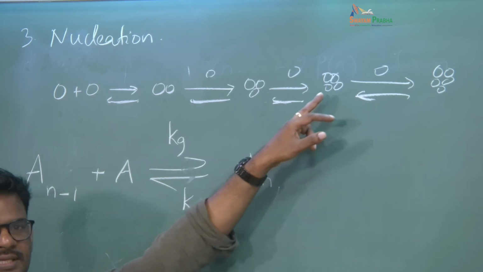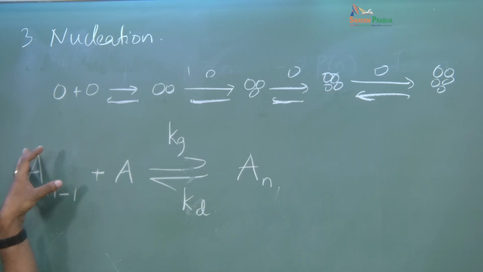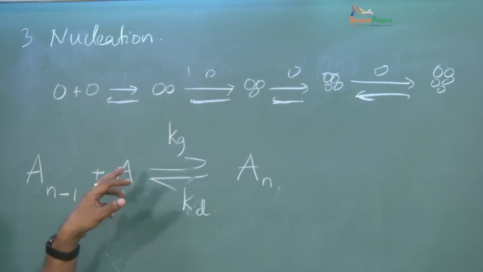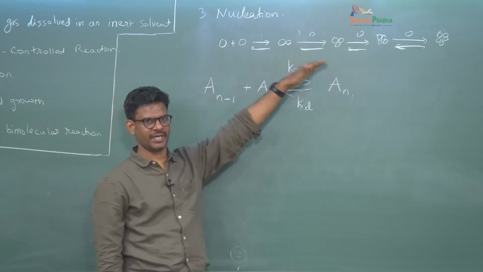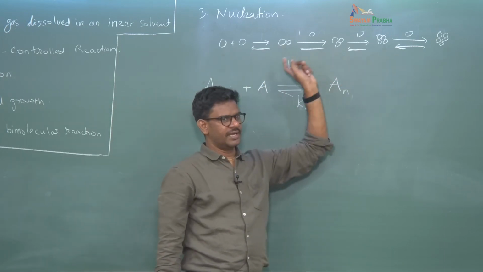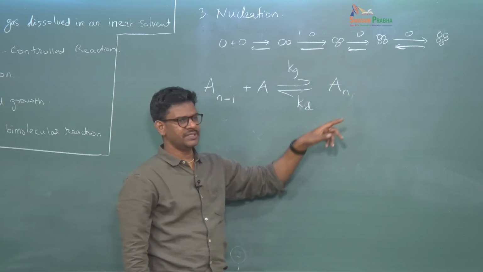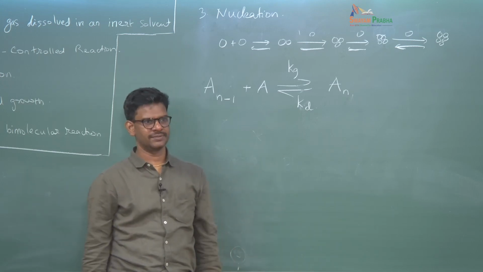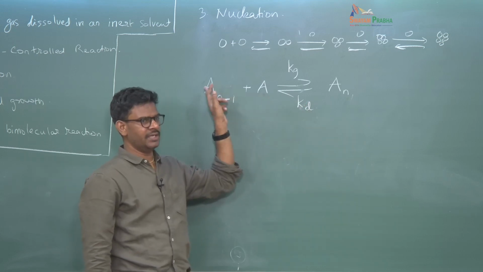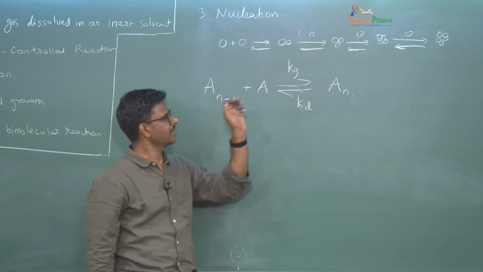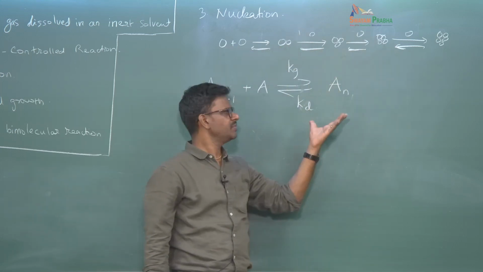If I look at any cluster of size n, it is formed by a cluster of n minus 1 and one monomer, and that leads to this forward reaction with the growth constant K_g. For the backward reaction, A_n represents a cluster containing n monomers, and this can dissociate in one single step to give a monomer and a cluster A_(n-1).